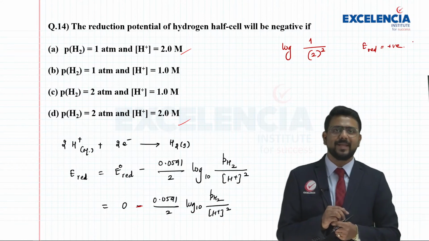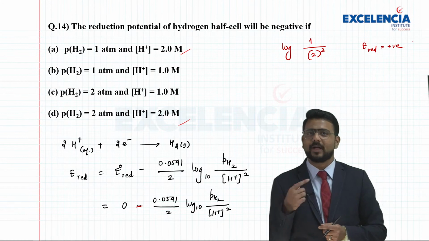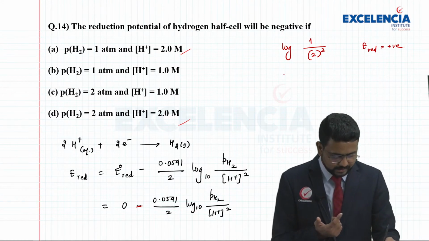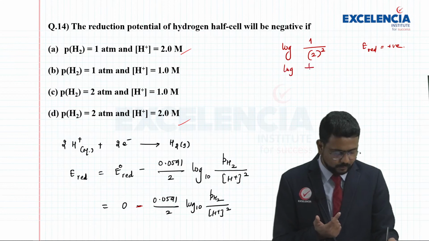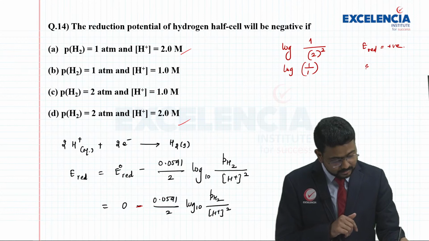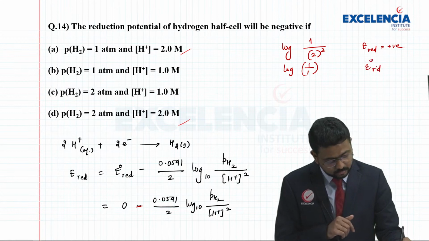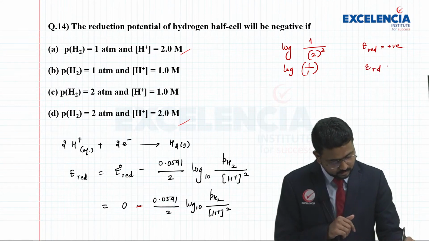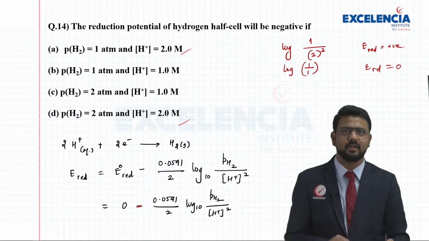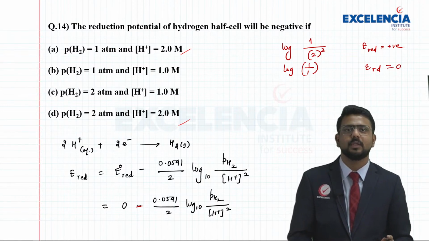If you look at option B, you are given pressure of hydrogen as 1, and H+ ion concentration also as 1. So if I take this as log of 1 over 1, it gives you the answer as 0, and hence in the second case E reduction will be 0. So it is neither positive nor negative, so definitely B also is ruled out.